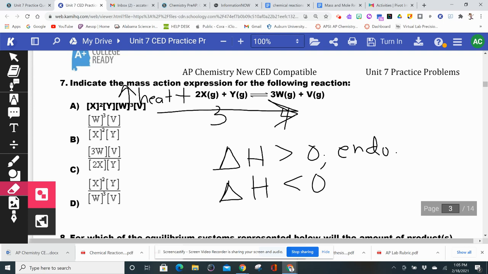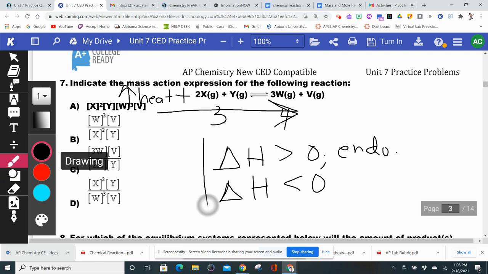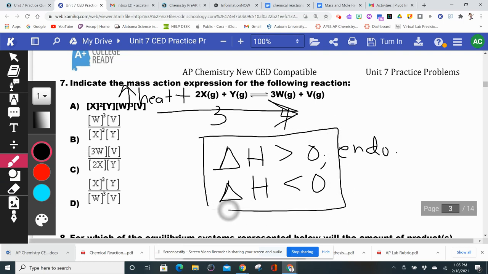Most of the ones on your tests and in these practice problems are going to be worded like this: here's a reaction, here's the delta H of the reaction, and you need to know that delta H greater than 0 means this is endothermic, which means I'm having to put in energy, which means heat is a reactant. So if I change the temperature in my next trial, how is that going to affect the reaction?